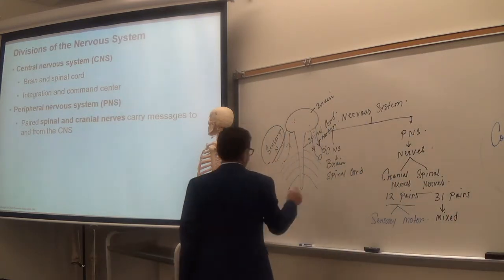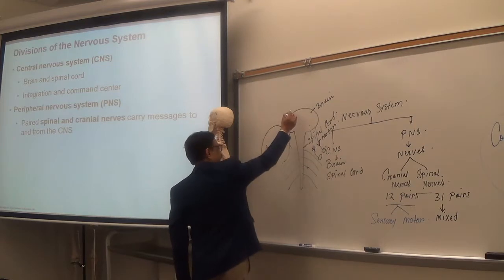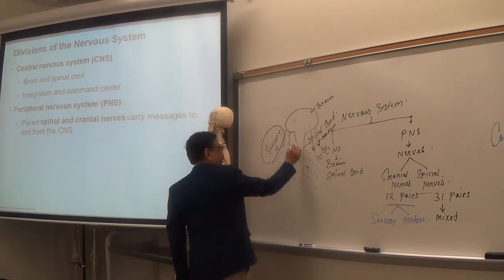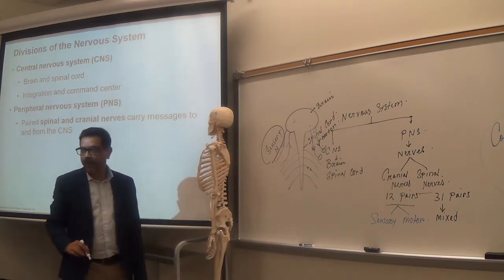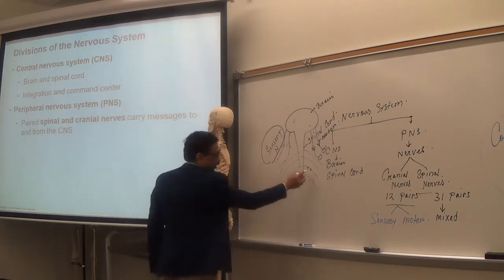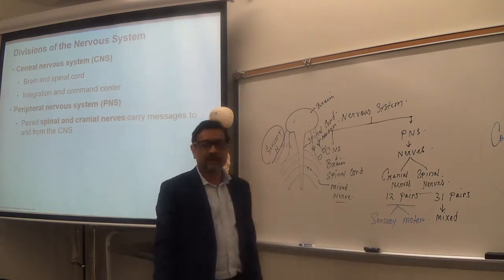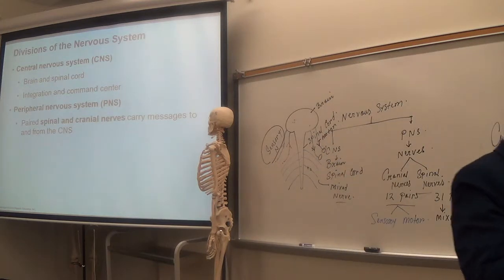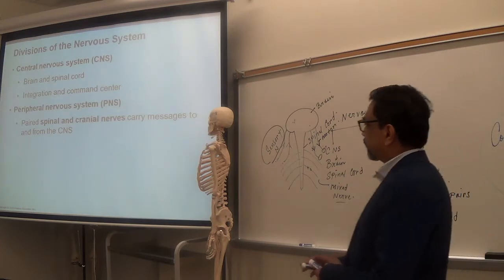So inside the spinal nerve, you have two types of fibers. Some fibers are taking the signal towards the brain or towards the spinal cord. Some are taking it outwards, away. So that's why spinal nerves are called what? Mixed type nerve. Because the spinal nerve has both types of fibers, sensory and motor. Okay.